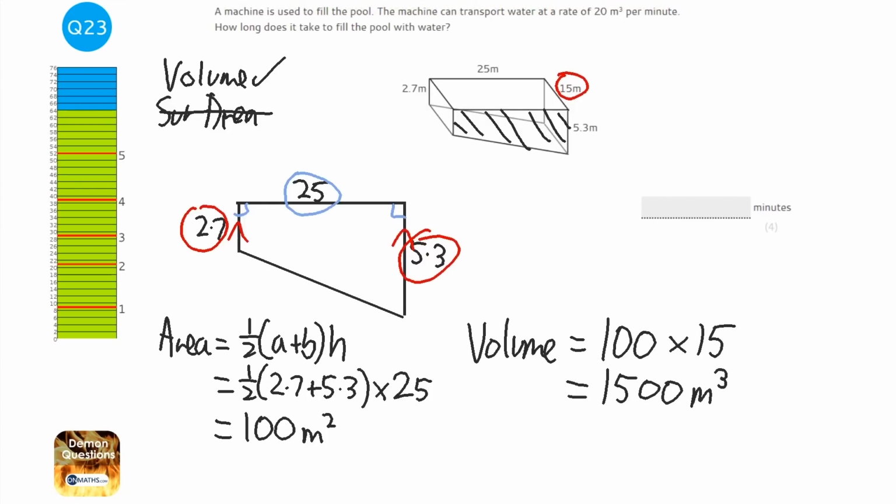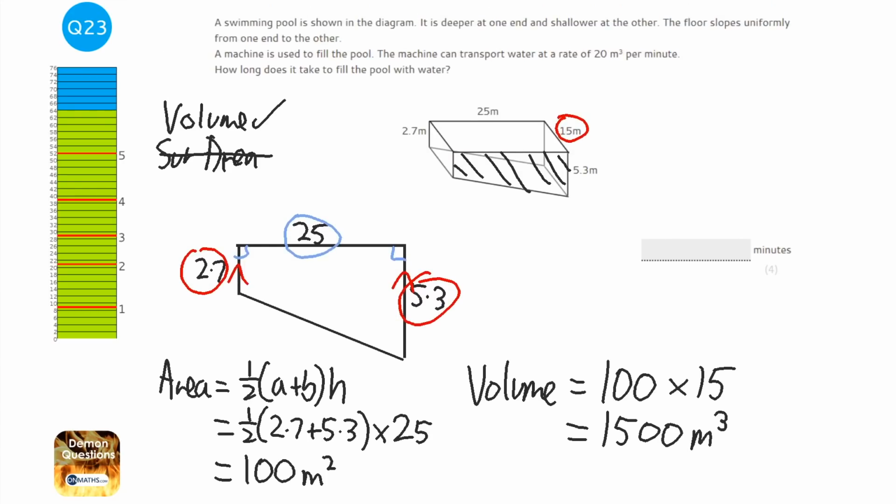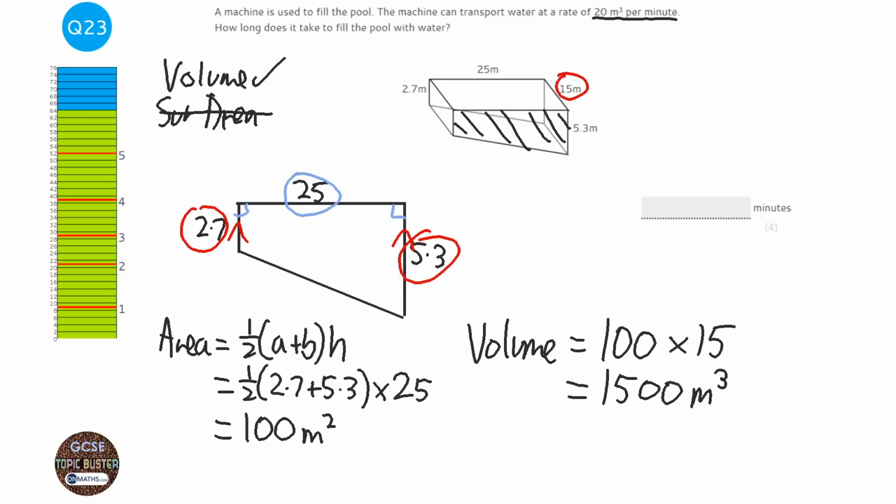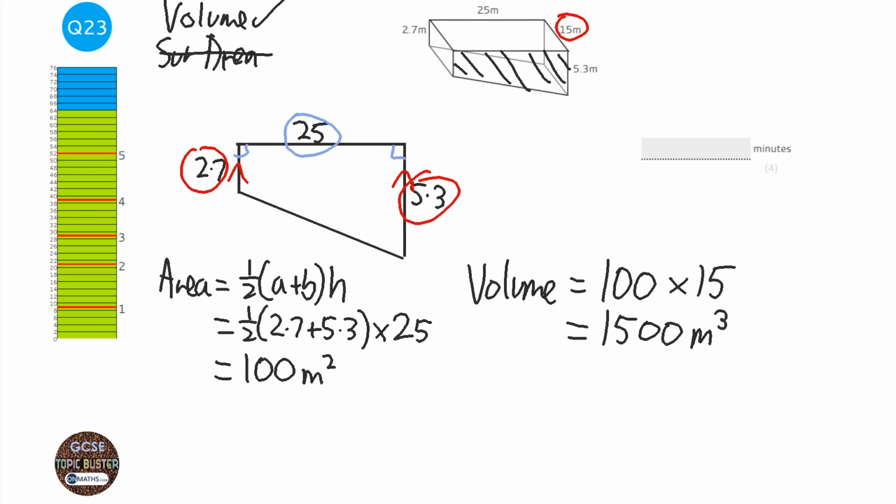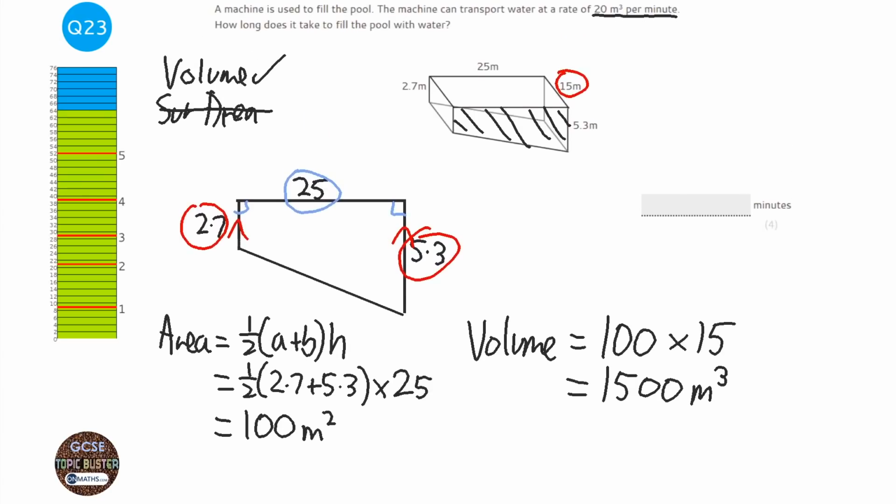So that's what the volume is, and it says the machine transports the water at a rate of 20 meters cubed per minute. So in 1 minute it's going to be 20, in 2 minutes 40. The other way of thinking about this is how many 20s are there in 1,500?